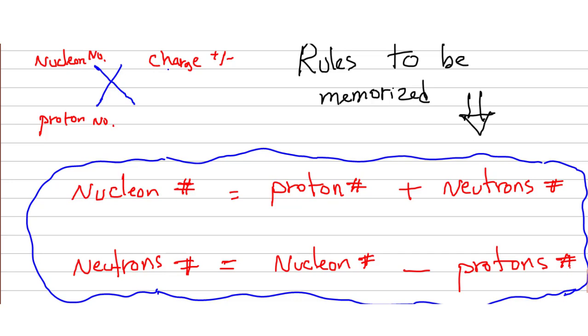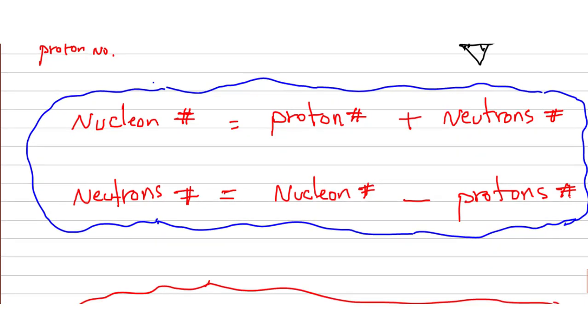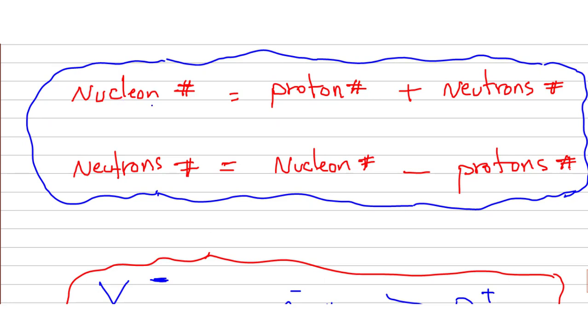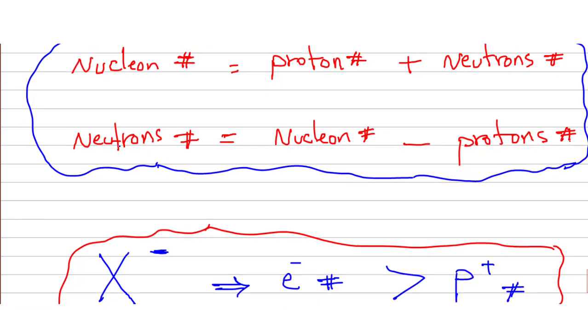And if you have any charge, whether positive or negative, it means this is an ion, not a neutral element. And if we don't have any positive or negative charge, it means this is a neutral element. Also we should memorize something really important: nucleon number is the sum of proton number plus neutrons number. Then we can calculate neutrons number by saying nucleon number minus protons number. This is really important guys to memorize before solving the table.